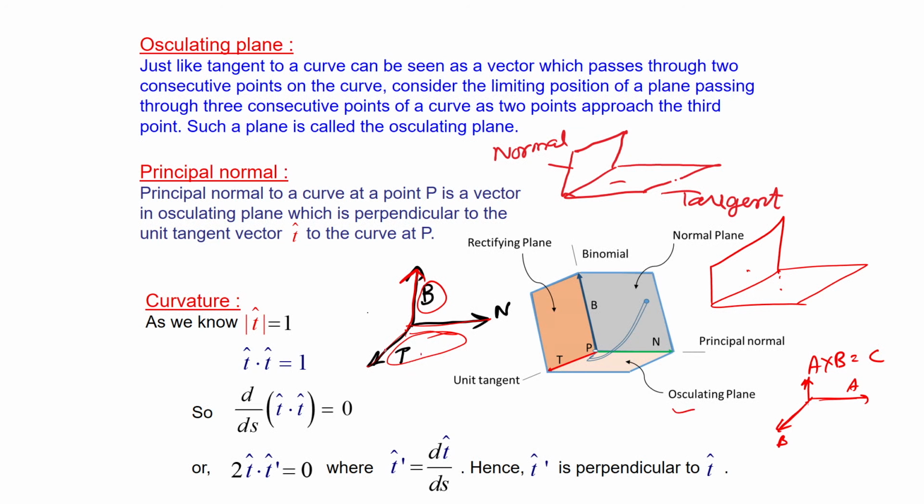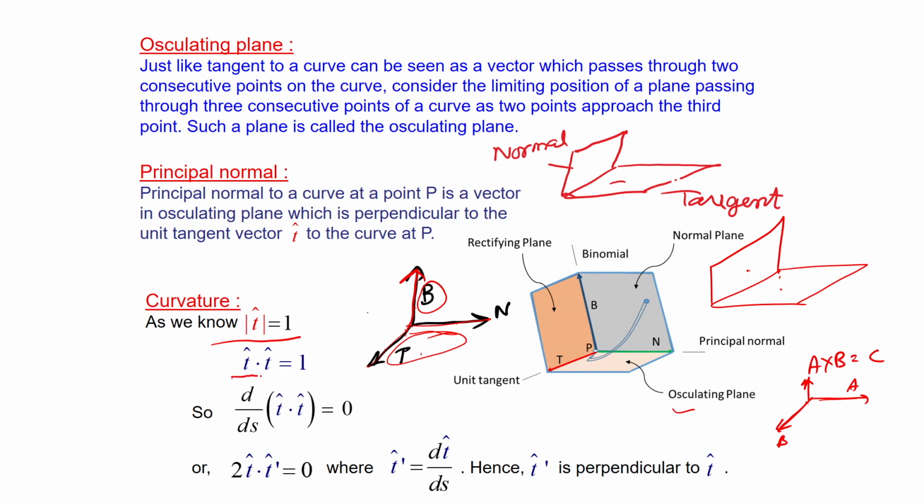Basically that plane will touch all these three planes, and sometimes it is known as the kissing plane also. Principal normal, already we have discussed that the normal corresponding to the maximum radius of curvature is known as the principal normal.